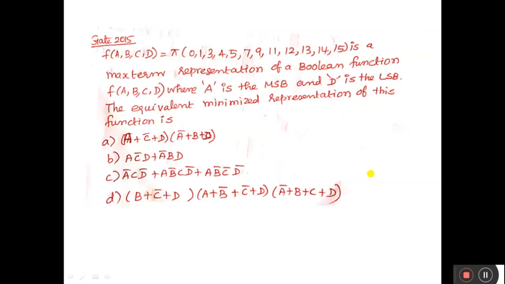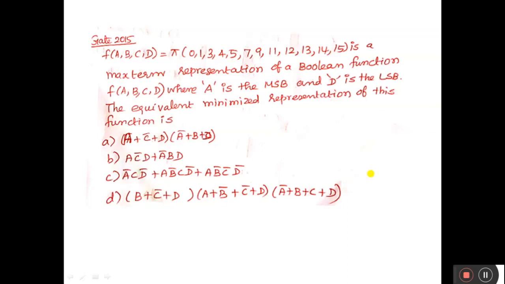The equivalent minimized representation of the function is: option A, A plus C bar plus D into A bar plus B plus D. Option B, A C bar D plus A bar B D. Option C, A bar C D bar plus A B bar C D bar plus A B bar C bar D bar. Option D, B plus C bar plus D multiplied with A plus B bar plus C bar plus D multiplied with A bar plus B plus C plus D.